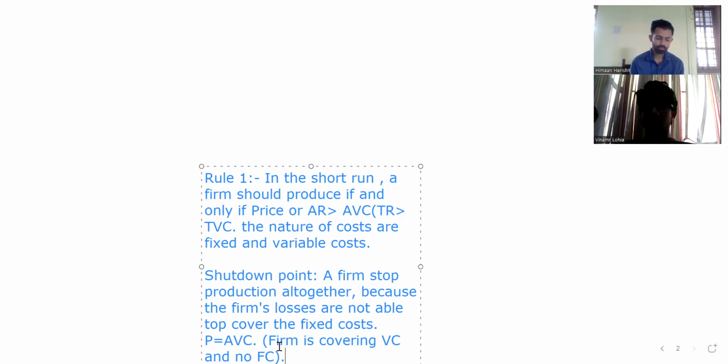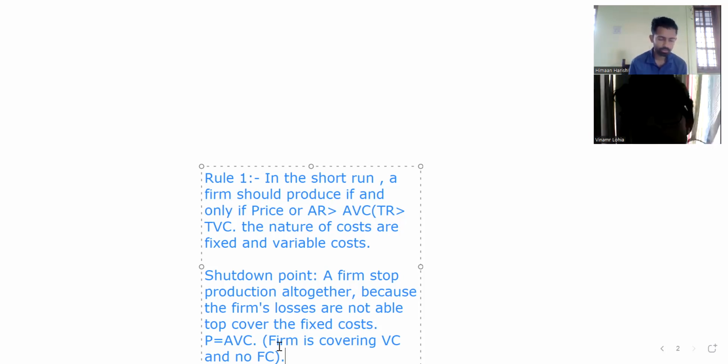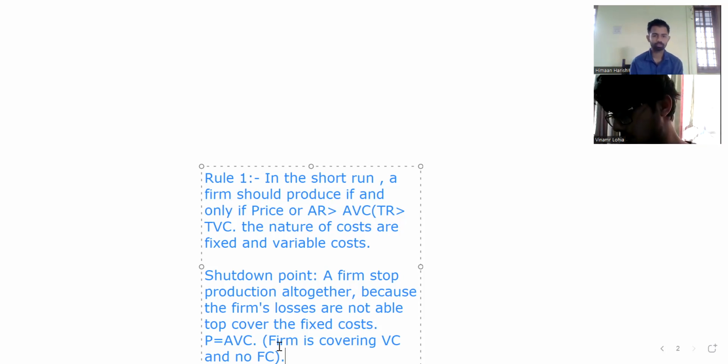Yes. In the second point, it's mentioned P is equal to average variable cost. The firm is covering variable costs and no fixed costs, and therefore the firm would like to produce at a lesser amount of losses. From this follows the first rule: price, or average revenue, is more than average variable cost, or total revenue is more than total variable cost.